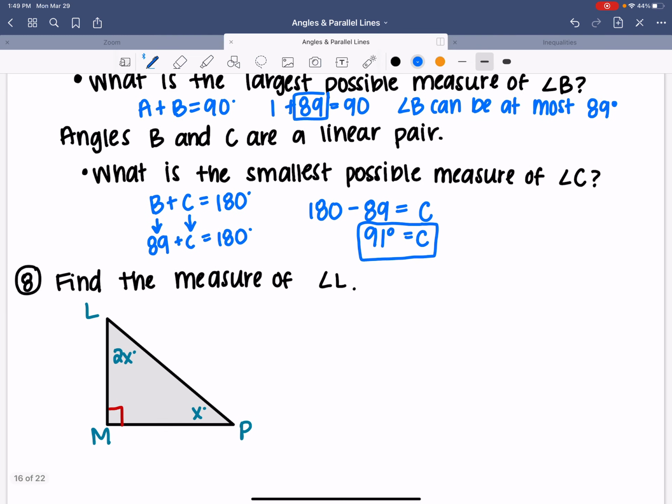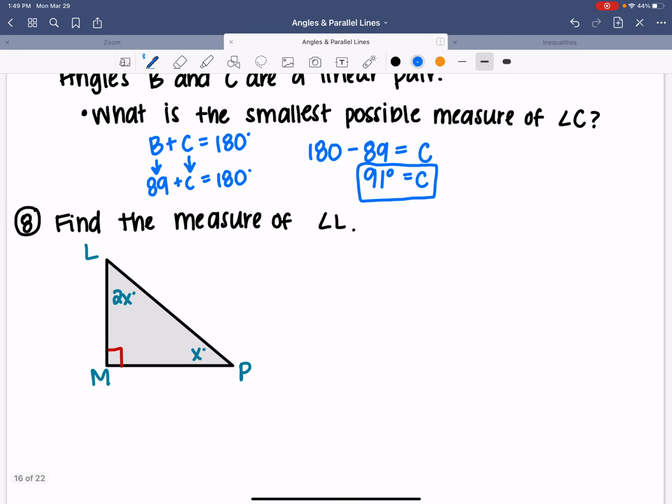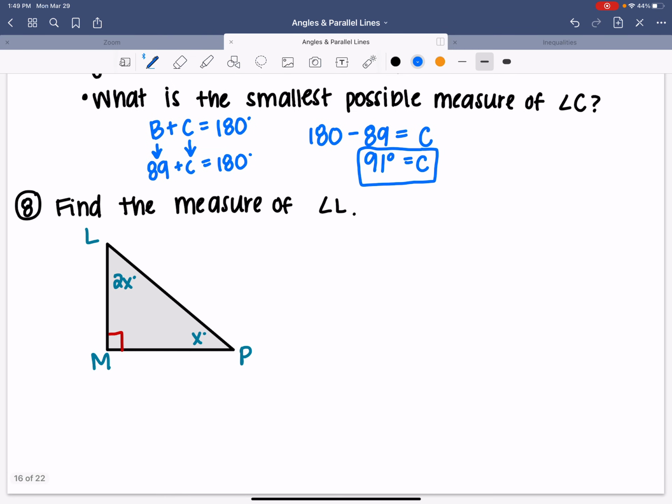Number 8, find the measure of angle L. So that would be find out what 2x is. So we talked about before, we have a right triangle, so that's 90 degrees. That means these two have to add up to be 90 degrees total. So 2x plus x equals 90.